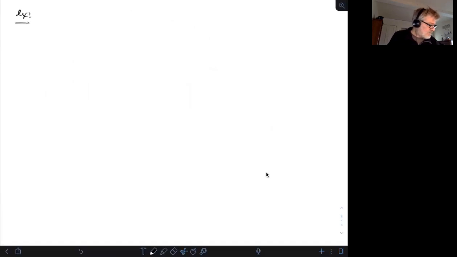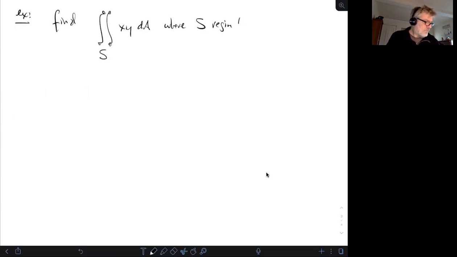We're asked to find the double integral over S of x times y, where S is the region bounded by the following curves: y equals x minus 1 and y squared equals 2x plus 6.